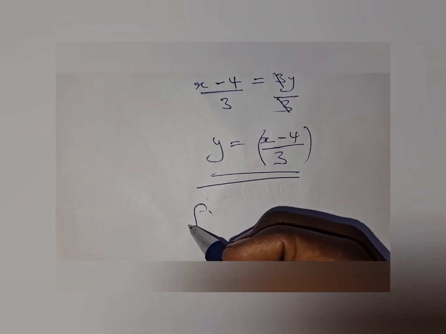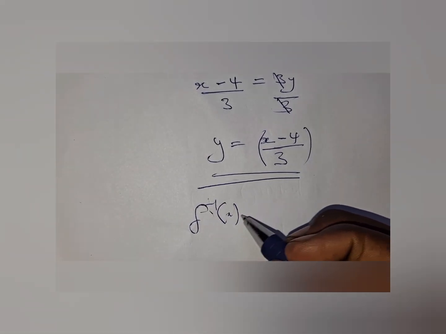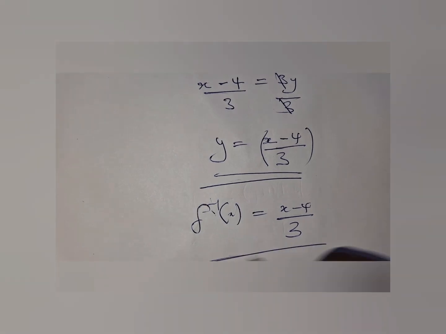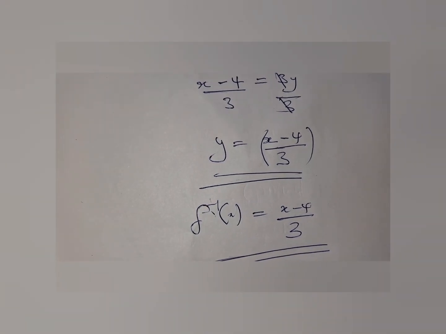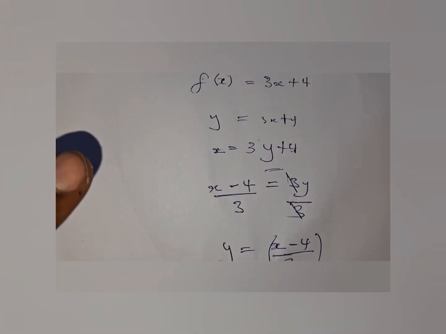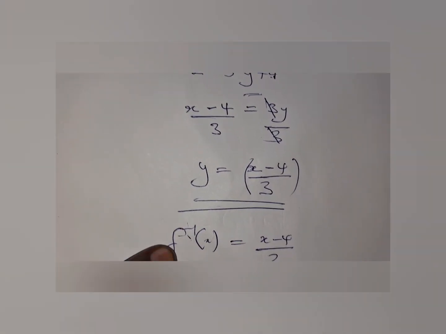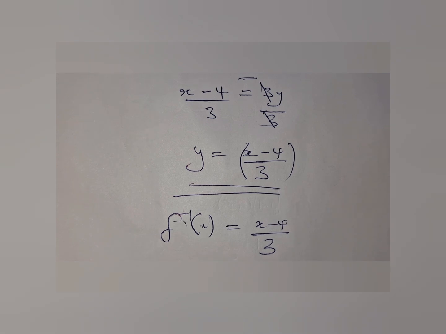So finally, f inverse of x is equal to x minus 4 all over 3. If you are to try it out, just find a domain, put the inputs into the function, and put the outputs of your function into the inverse. You're going to get the inputs that you had put into the original function before.